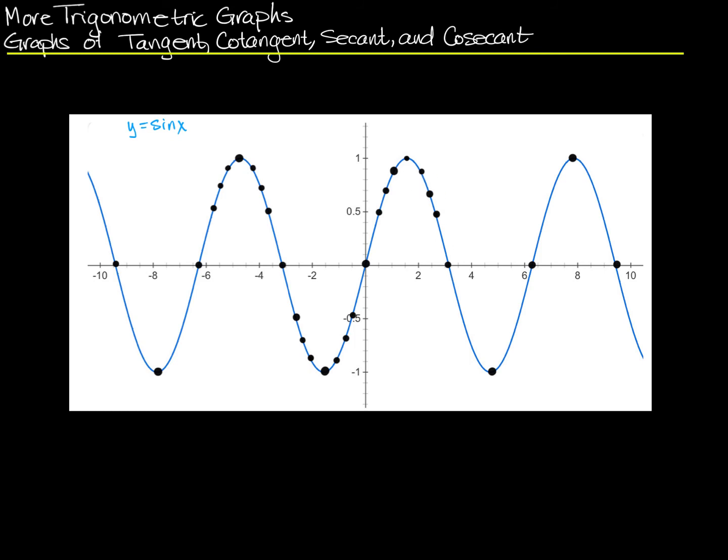Now, again, I'd like us to remember that the cosecant of x is equal to 1 over the sine of x. So I'm going to take each of these black dots and find the value 1 over that number, and then I'm going to plot those points in some other color.